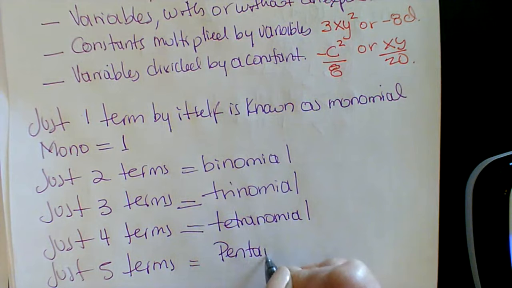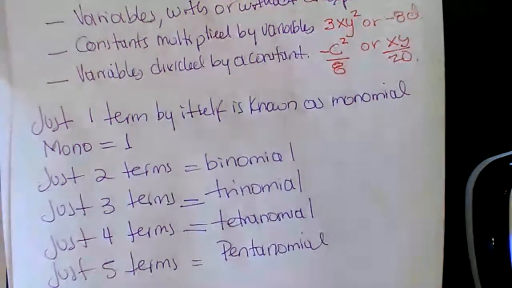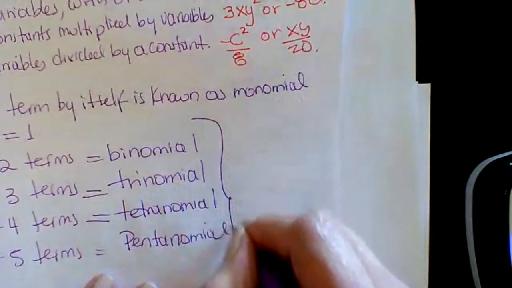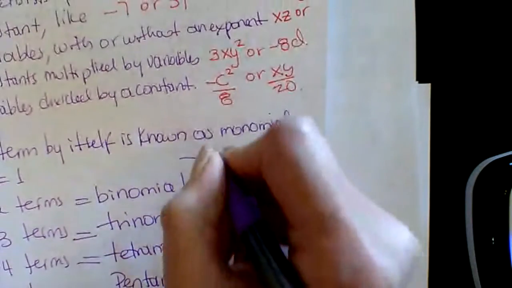So what is a polynomial? A polynomial is made out of two or more terms. Let me write down just the question.